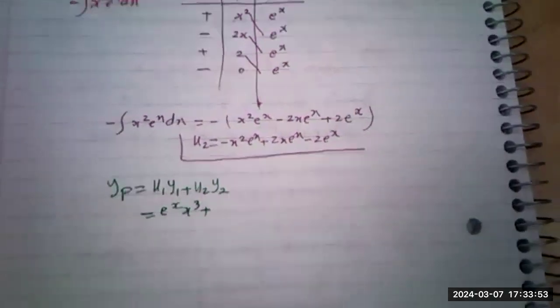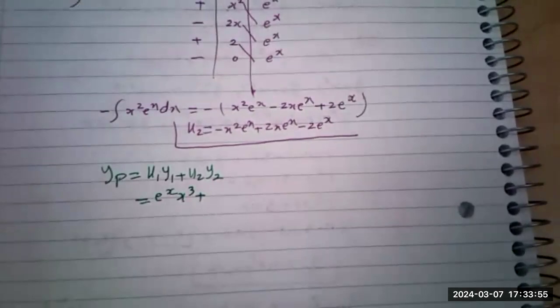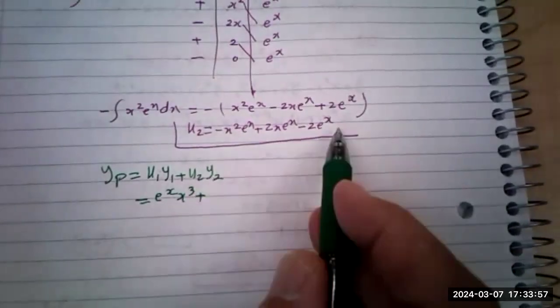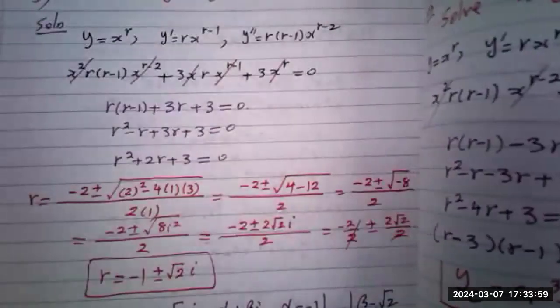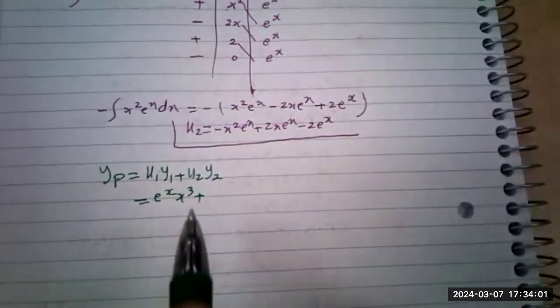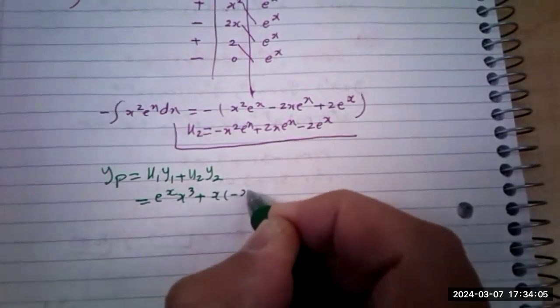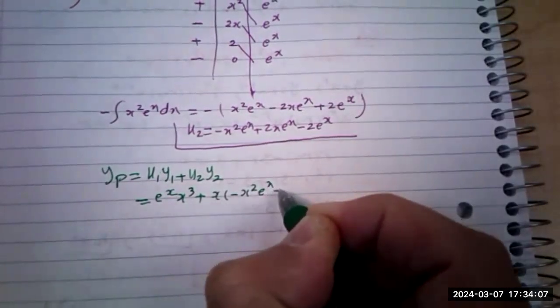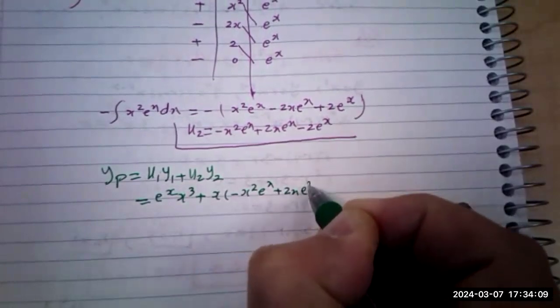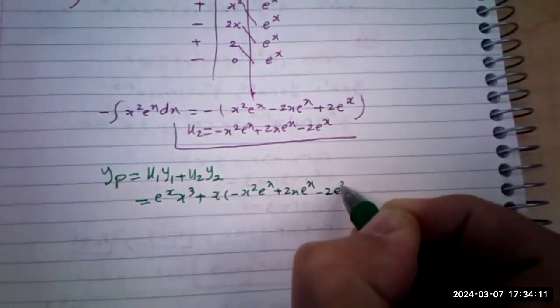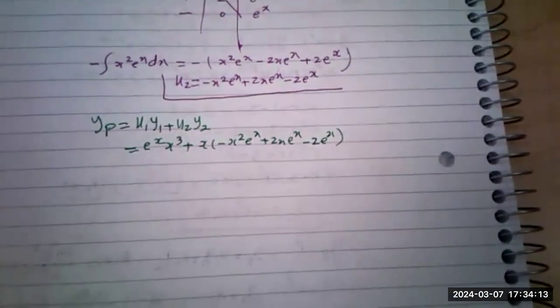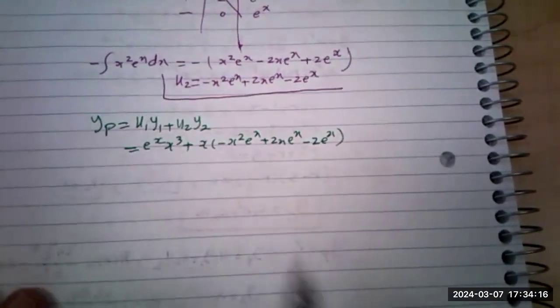Plus u2, which is this, times the y2, and the y2 is x. So it's going to be x times negative x squared e to the x plus 2x e to the x minus 2e to the x. You have to multiply and simplify it.